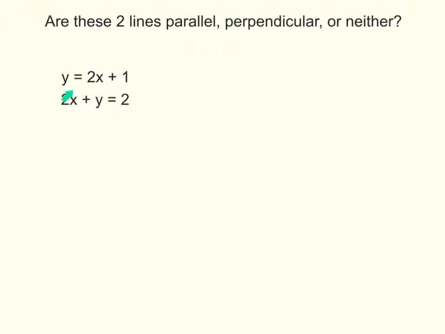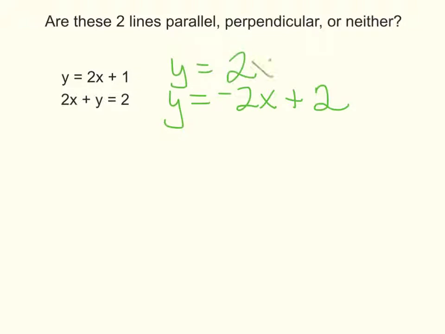Let's put this second equation into slope-intercept form by moving the 2x over to the side with the 2. So we get y equals -2x plus 2. And let's rewrite the equation above it as y equals 2x plus 1.